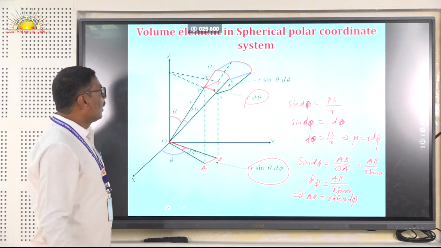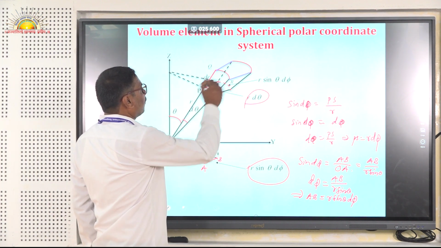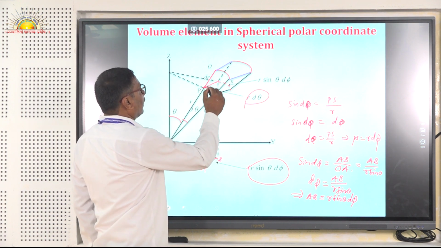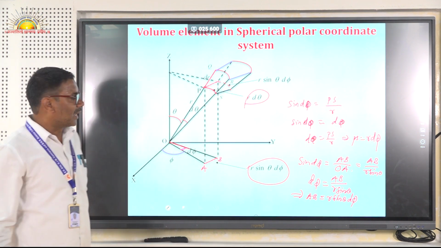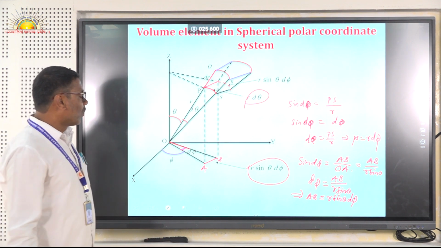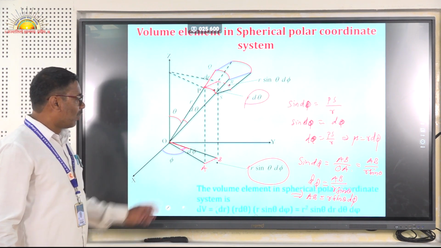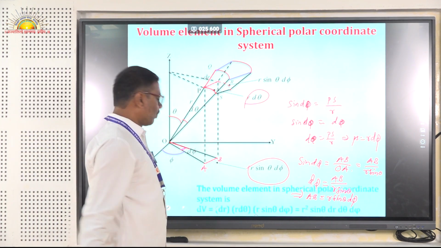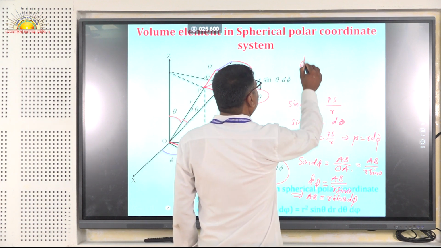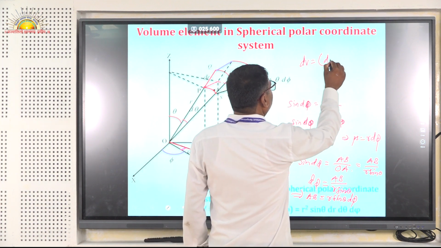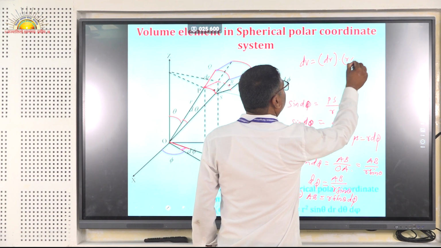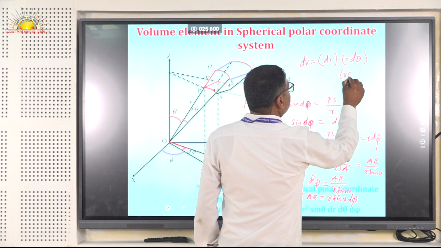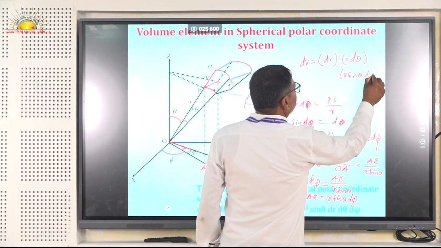Now these are the three sides of the cuboid. This is dr, this one is r d theta, and this side is r sine theta d phi. So the volume of this volume element in the spherical polar coordinate system is dV, the product of these: dV is equal to dr into r d theta into r sine theta d phi.